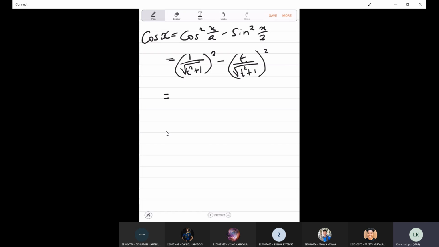So this is 1 over t squared plus 1 plus t squared over t squared plus 1, which just gives us 1 plus t squared over t squared plus 1. Sorry, 1 minus. This is a minus there, and that is a minus there. So 1 minus t squared over t squared plus 1, or you can just rewrite it as 1 minus t squared over 1 plus t squared, which might be easier to remember. Okay, so we have our cos and sine.